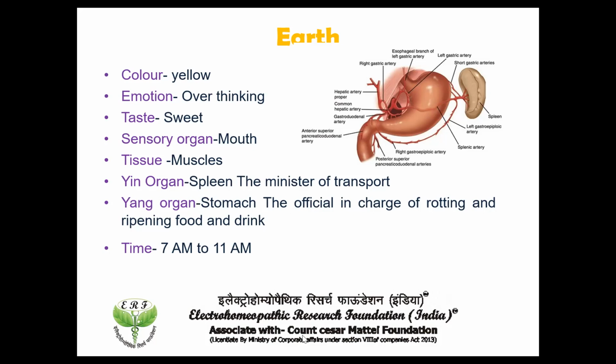If your taste craving for sweet is more, your spleen is working less, in hypofunction. The tissue of the spleen is muscles. If your muscles are weak, your spleen is in hypo. If your spleen is hypo for a long time, definitely your muscles will be weak.